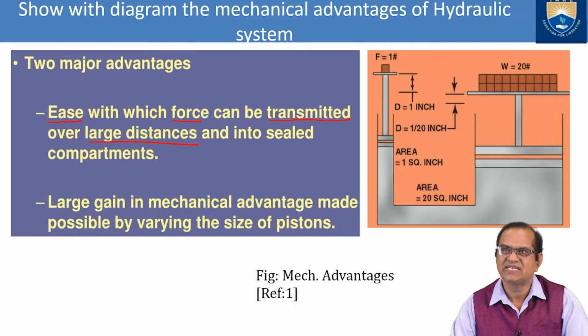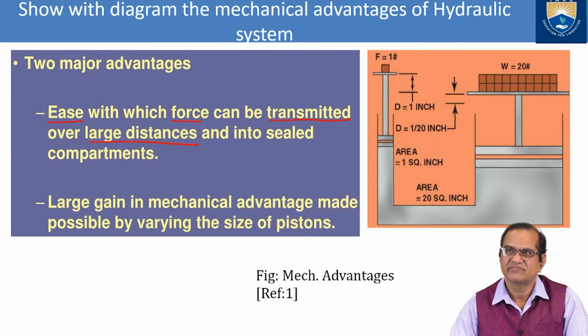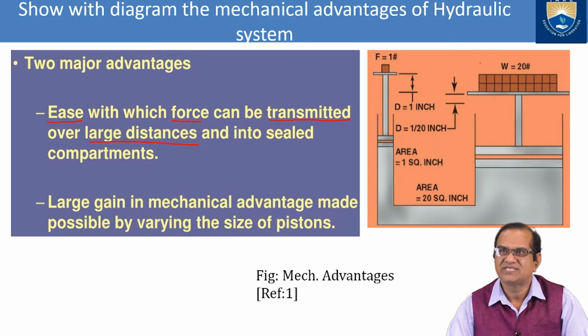Here you see that we have applied a force of any unit, kg. Here I have put 1 kg, and here is a piston and here is the cylinder. The area of this is 1 square inch. You press this 1 inch, from here to here.